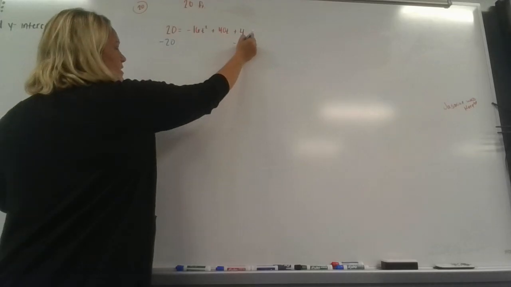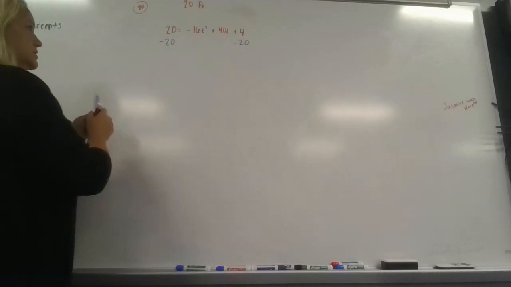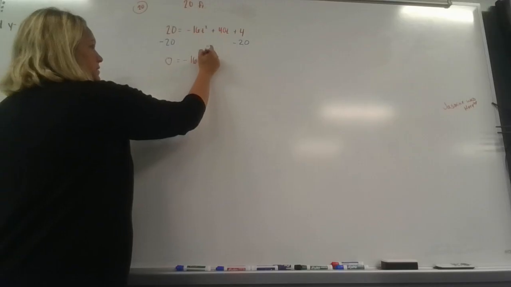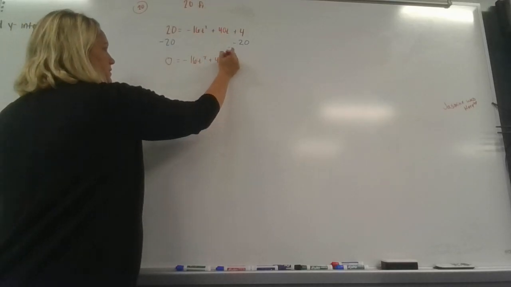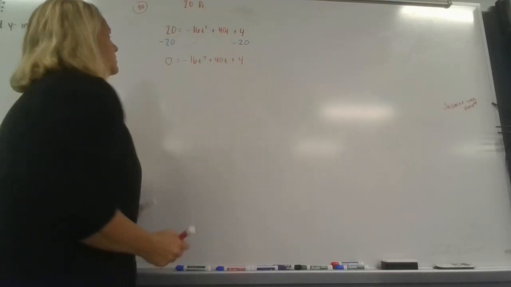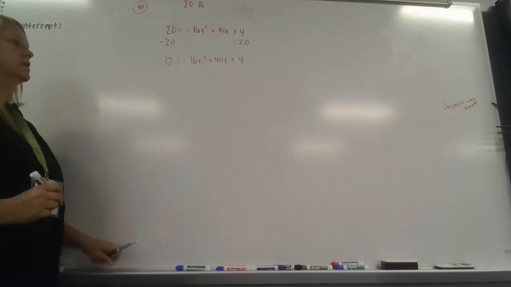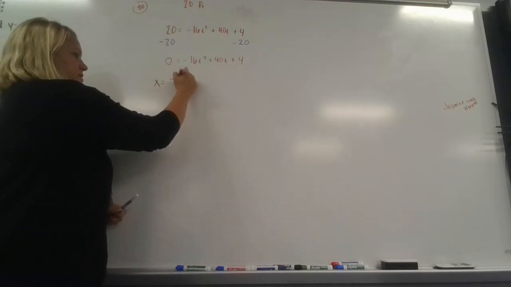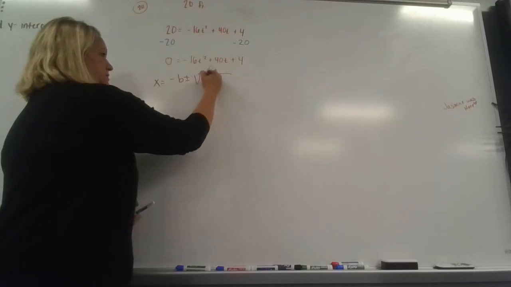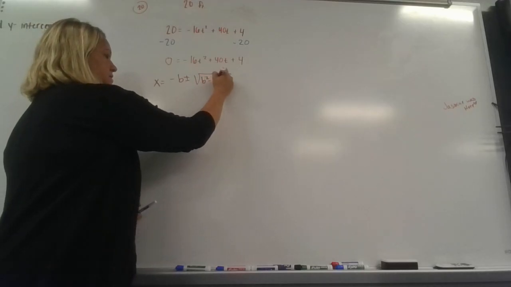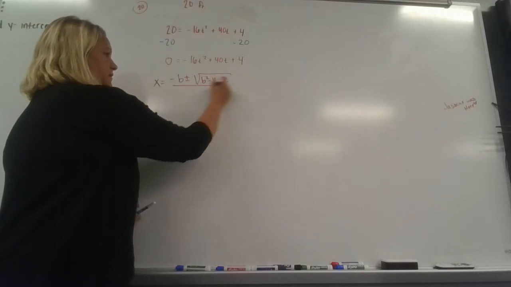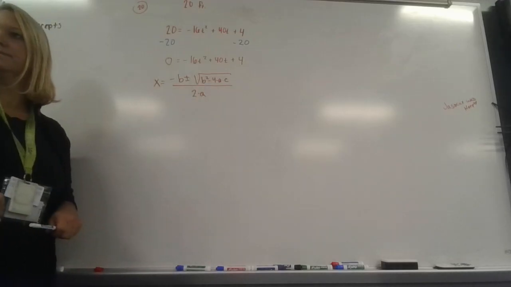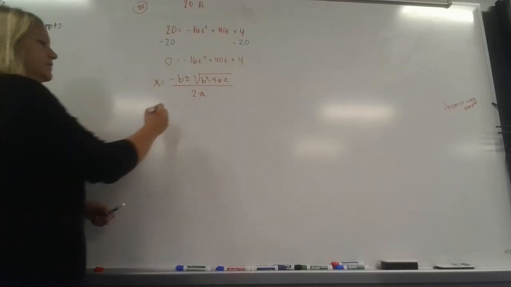Before you can do the quadratic formula, you always have to set it equal to 0. So we're pretty much questioning, can this thing ever equal 20? I'll write the formula out. I hope you guys are very close to having it memorized, especially since we took the time to derive it. And I'll plug in.